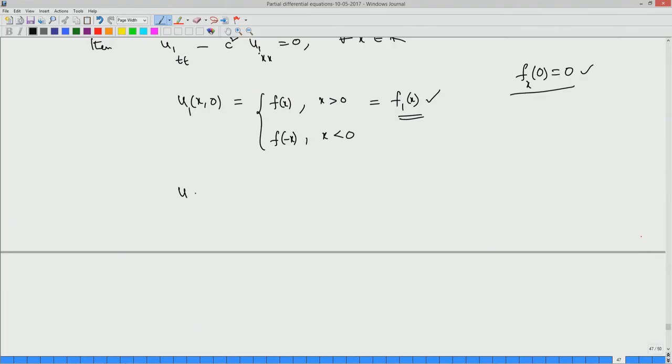Similarly, you have the other initial condition, u1 t at x0.